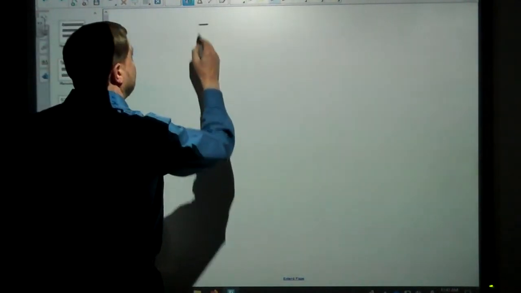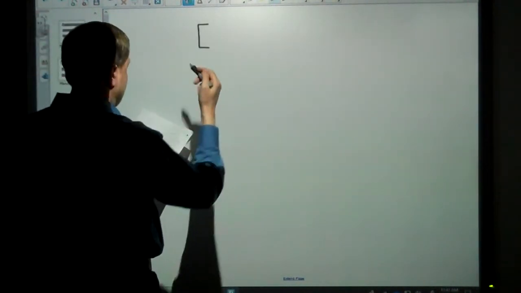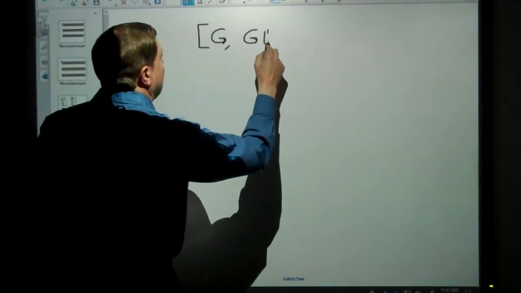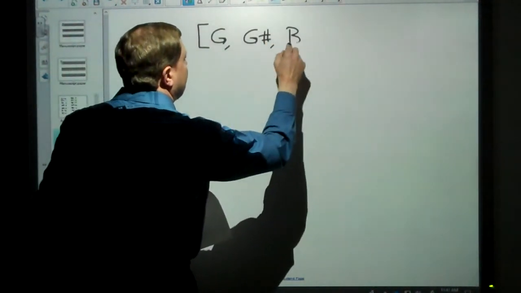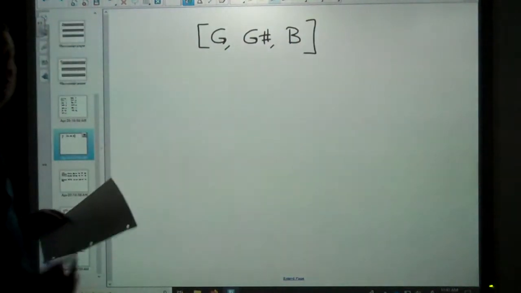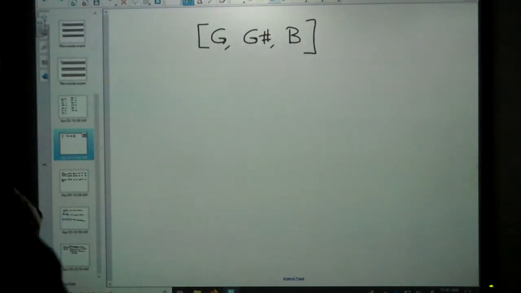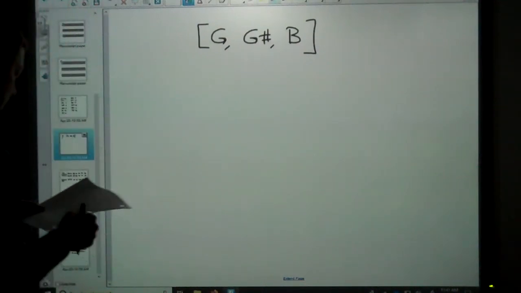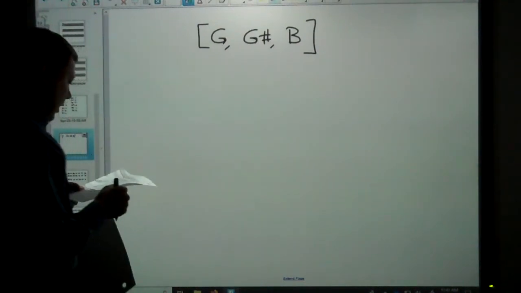So let's use one that I've been using for the last however many weeks. Let's use the set G, G sharp, and B. And I know that this is already in normal order. We've used that many times. And so I have it written here using square brackets because it is in normal order. Okay?